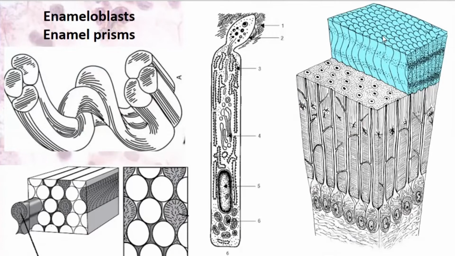After the formation of enamel, the enameloblasts die during tooth eruption. So in adulthood, after tooth eruption, enamel has no cells. It's an acellular tissue, but it contains enamel prisms which form the matrix of enamel.